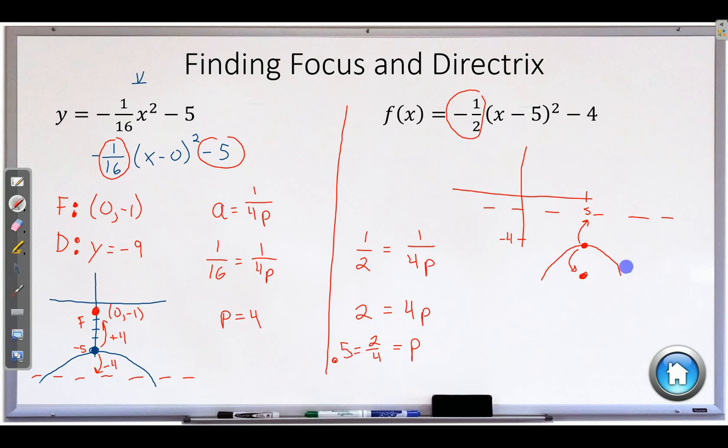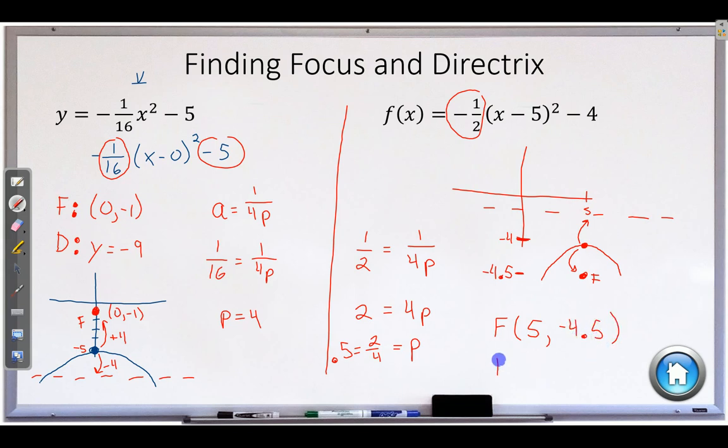So we're going to go up 0.5 and down 0.5. And remember, we're all the way right here at -4. So if I go down 0.5, that will put me at -4.5. And that is the focus. So my focus, the x value is not changing, 5, comma, and I'm going down negative 4.5.